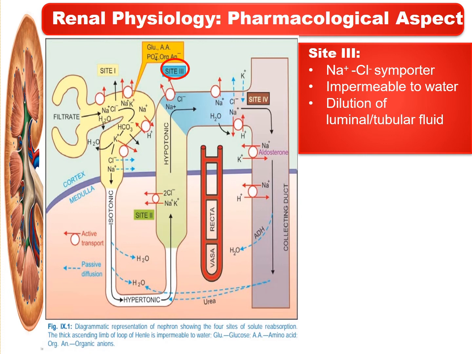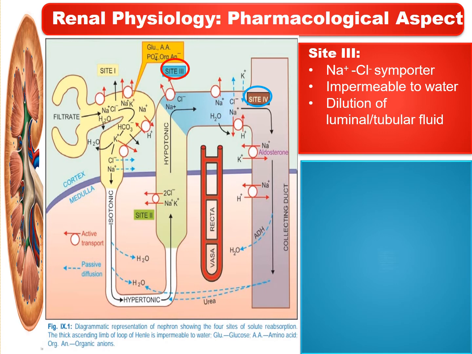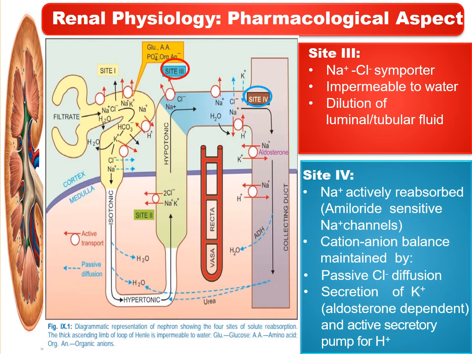But here it is through the sodium chloride symporter. So the tubular fluid gets further diluted here. Then the next site is site 4. This site is called the distal tubule and collecting duct.